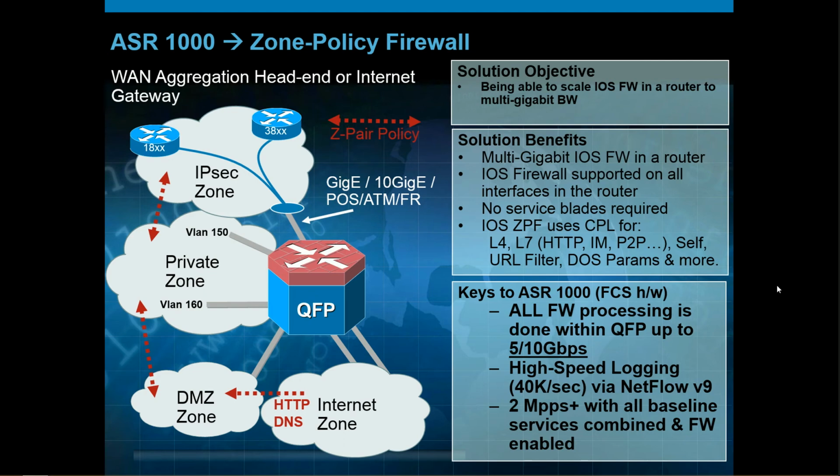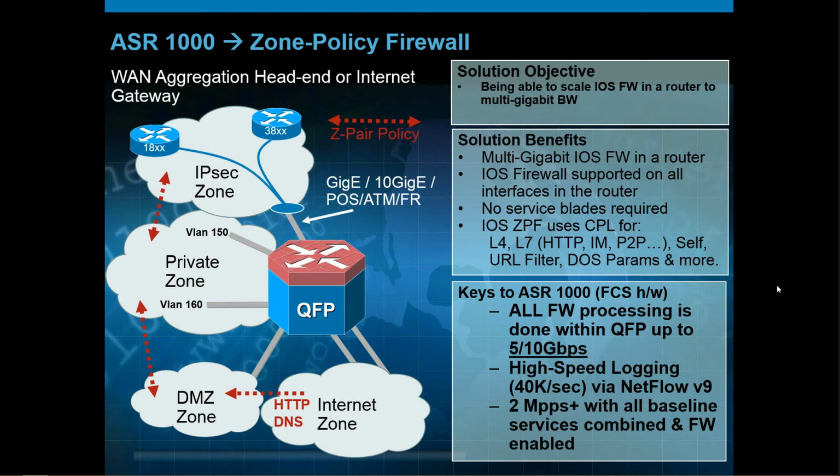Keys to our ASR 1000 is our forwarding. Big part of that is our forwarding. How does it all function together? That includes our hardware, our flexible architecture, our bandwidth and our throughput, processes and queues, and then just the overall development of our QFPs.